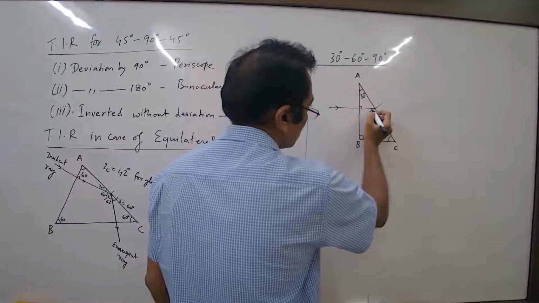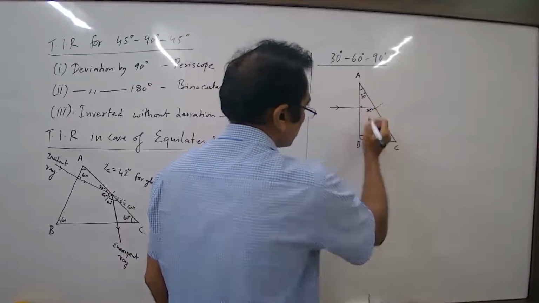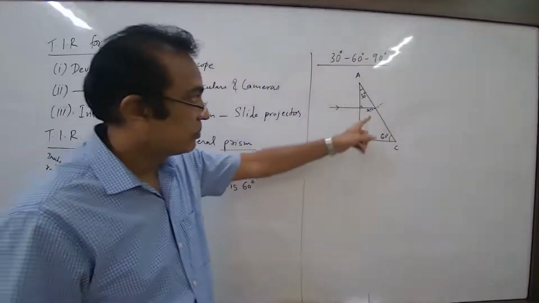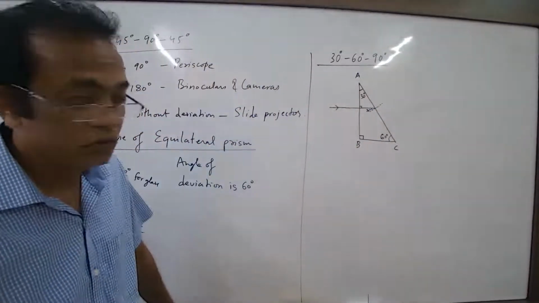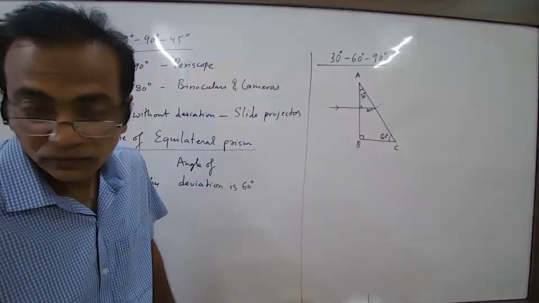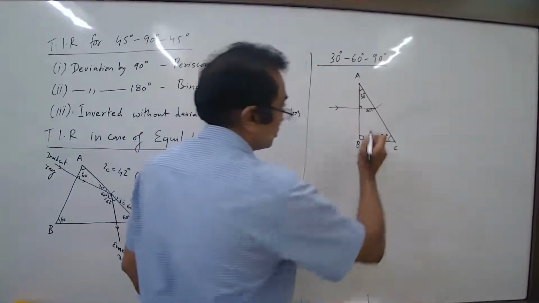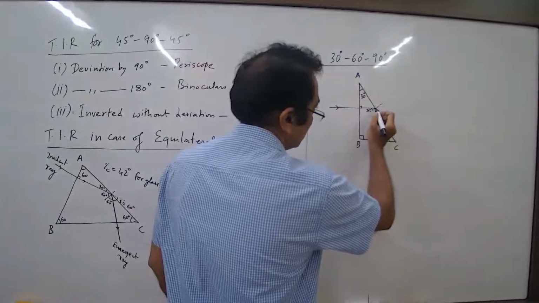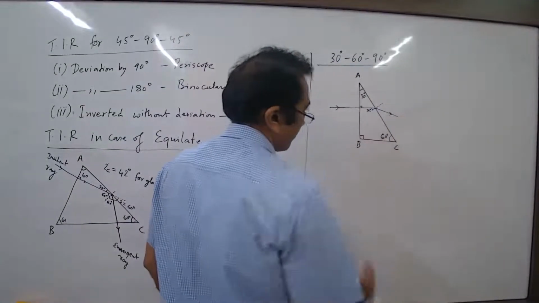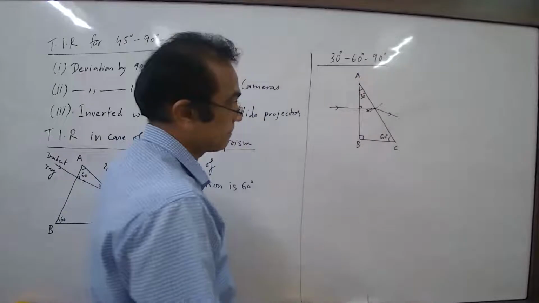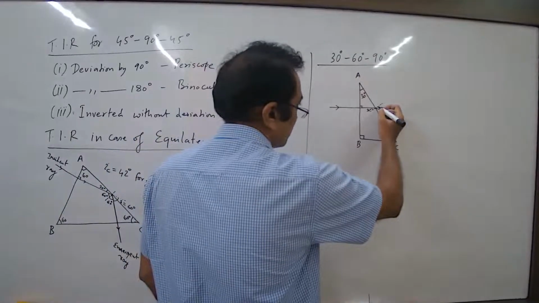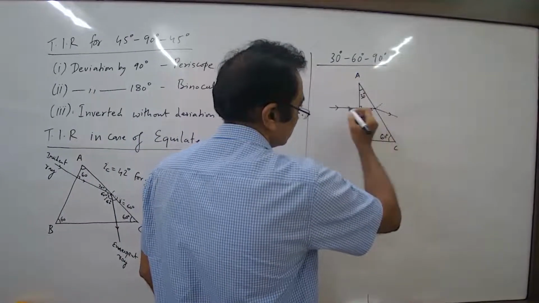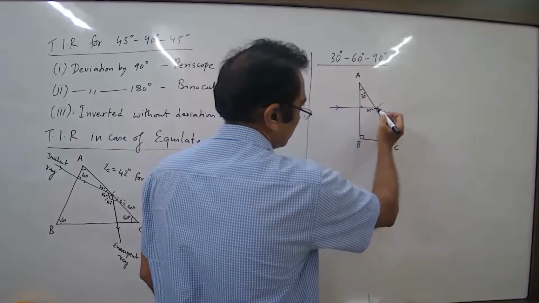So this must be 30. So what should happen at this surface? Will it cause total internal reflection? No. So it should be refracted. So it will go away from the normal. So what is this angle of refraction? So what is the angle of deviation?